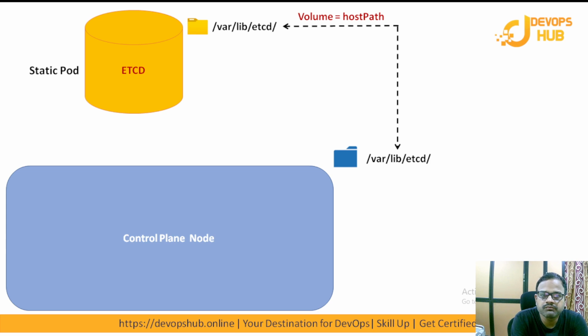So the moment the pod gets recreated or the container restarts, it starts working from the current data. Data is not lost. It will refer to the data from /var/lib/etcd of the control plane node.